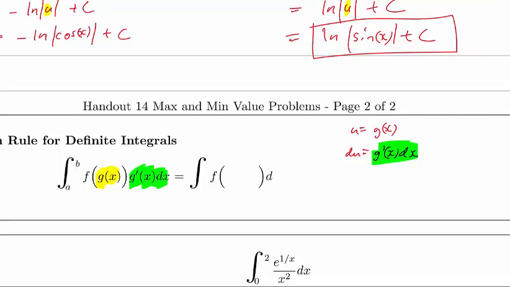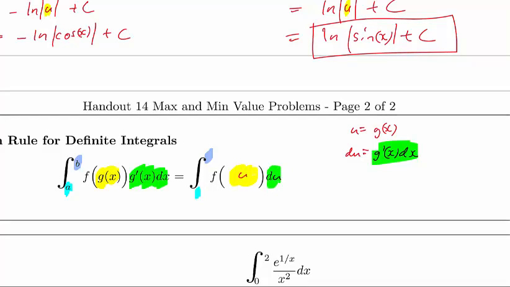However, we have an a, and then we've got a b. So how do we know? Whenever we change the variable, the bounds are going to be changing as well. So what are we going to do?